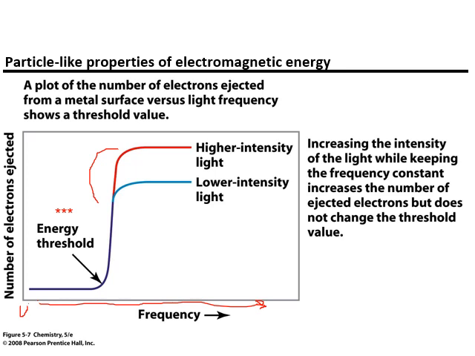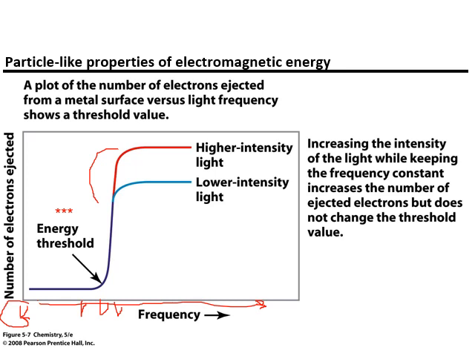And then we start to increase the frequency, so we go across the range until we get to violet over here. And then we continue to increase the frequency, and let's say we get to ultraviolet. And then if you kept going, you'd get to X-rays and gamma rays.